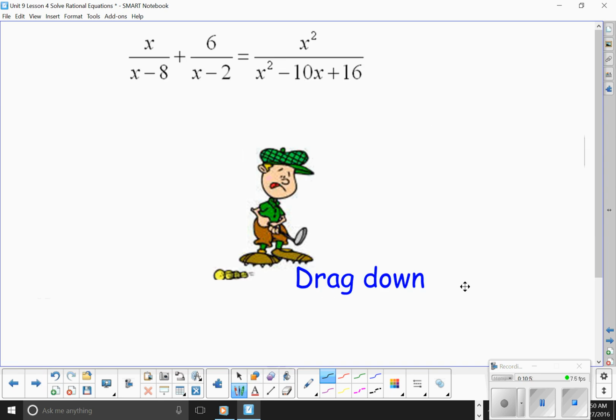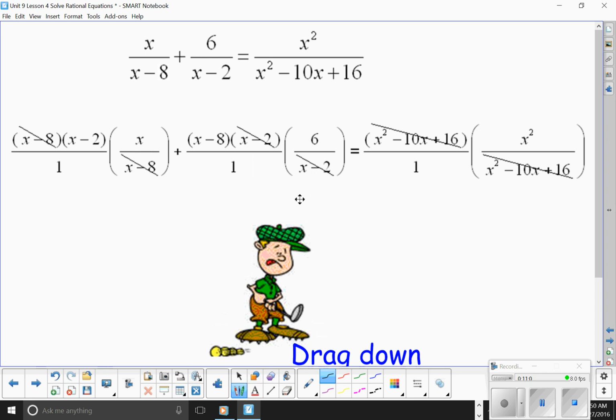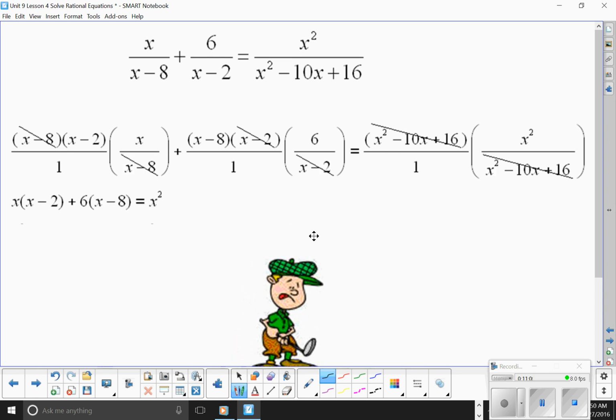Here's another one. Remember, factor this guy, and he does factor. Oh, look at that. He factors to x minus 8, x minus 2. And everything can be pulled out. Except what's going to happen here?